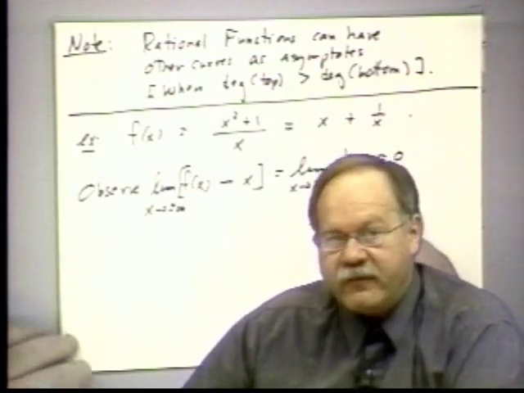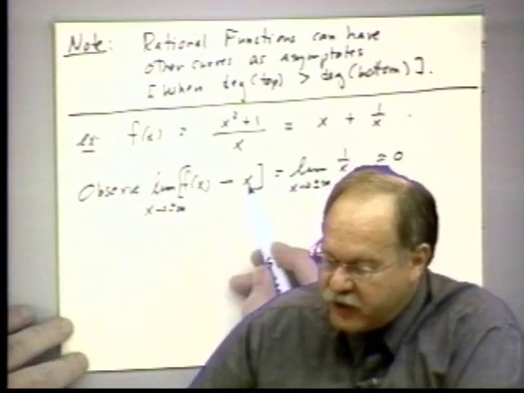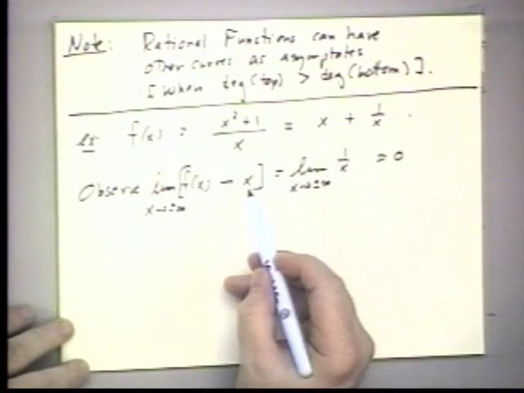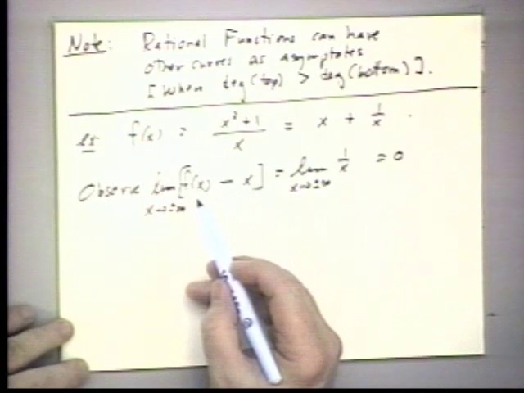So as you go out far enough, the f of x function and the x function become virtually the same. In other words, the y equals x line is a different kind of asymptote for this function.